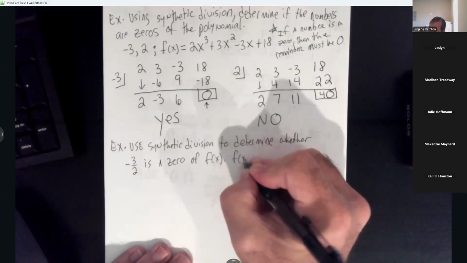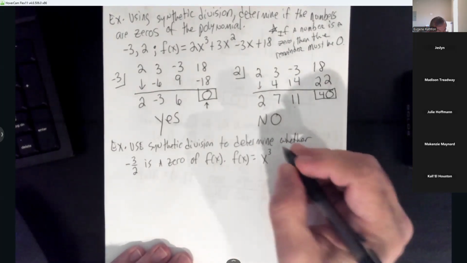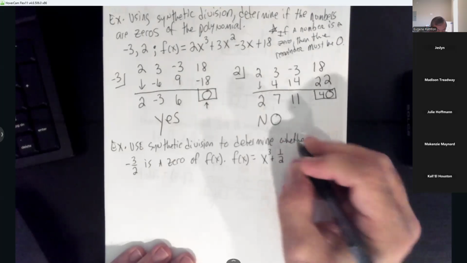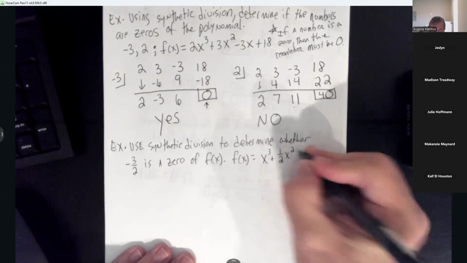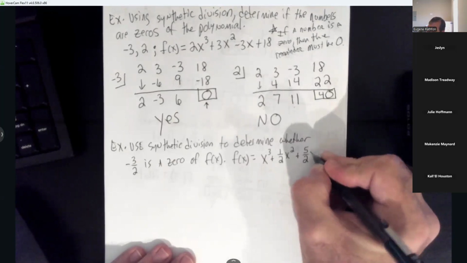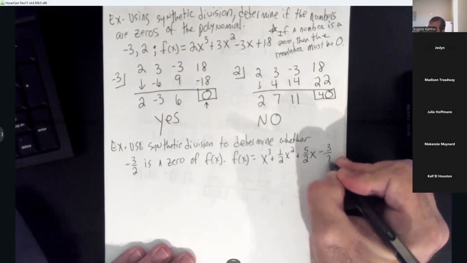Now, f of x they're giving me equals x cubed plus 1/2 x squared plus 5/2 x minus 3/2.